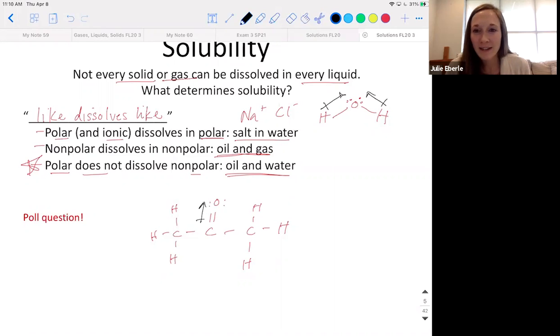Okay, most people picked NaCl, and that's what you should have picked, okay? That's the only one that's ionic. All the other things are non-polar, so acetone is polar. And let's look at NaCl as ionic, obviously. Why the second most popular answer was C2H6. Why didn't that work here? Anybody?